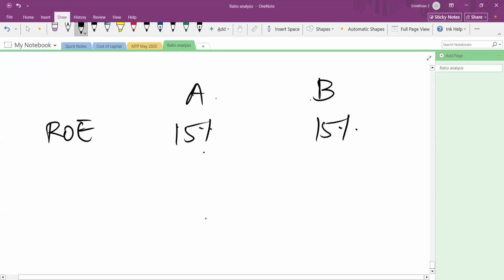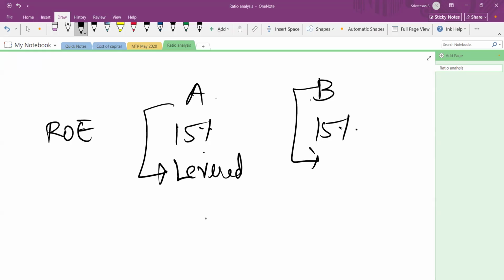But let's say A is a levered firm, which means they are using debt in the capital structure. B is an unlevered firm, they are not using debt. Now, which company will you invest in? 15% with financial risk or 15% without financial risk? Without financial risk. So you will choose B Limited.